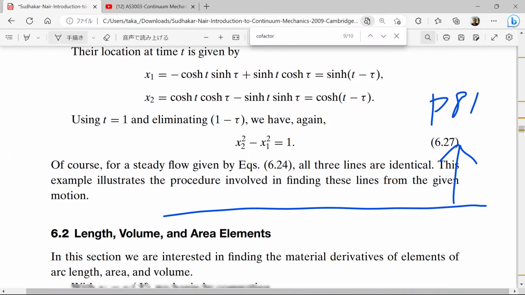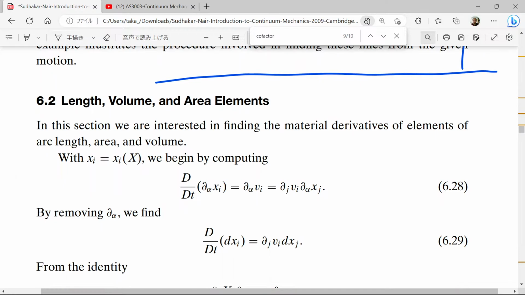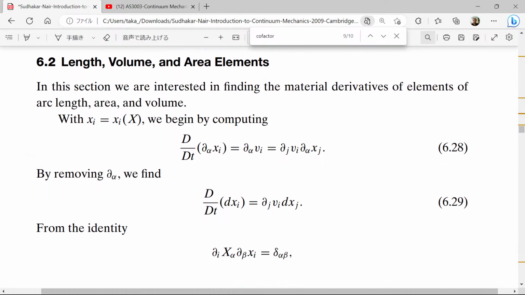So we continue. Next section, which is length, volume, and area elements. In this section, we are interested in finding the material derivatives of elements of arc length, area, and volume. I think we have done this one.